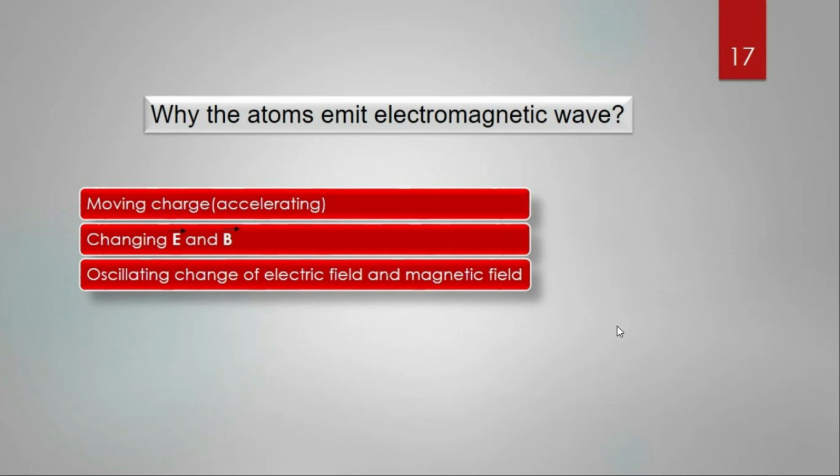So a charged particle which is accelerating with time can be considered as a current which is changing with time. And a changing current means a changing electric field. And a change in electric field produces a change in magnetic field. So the phenomenon of change in electric field and magnetic field propagates through space, and this phenomenon is known as an electromagnetic wave.